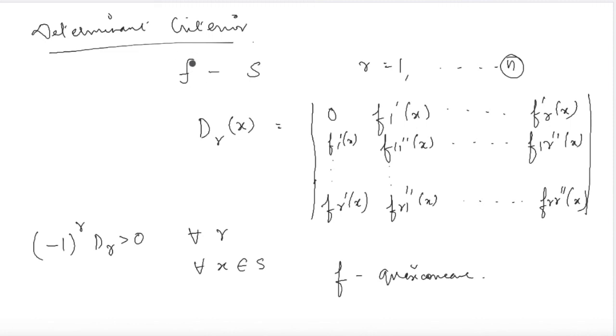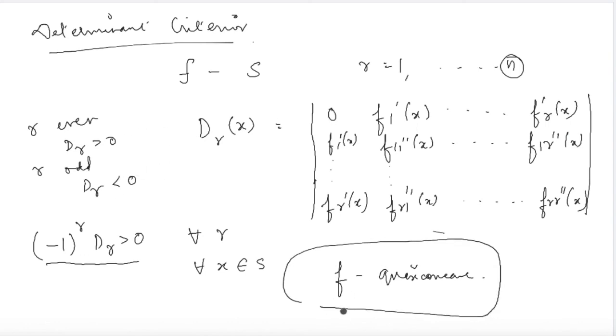So if you have a function and you can define a bordered Hessian matrix for the function such as this, and you notice कि ये condition satisfy हो रही है, which is कि अगर r even है तो determinant of the Hessian is positive, अगर r odd है तो determinant of the Hessian is negative, या alternate जो determinants यहाँ पे बनेंगे Hessian के वो positive और negative हैं, they are changing their signs, then you can call the function a quasi-concave function.